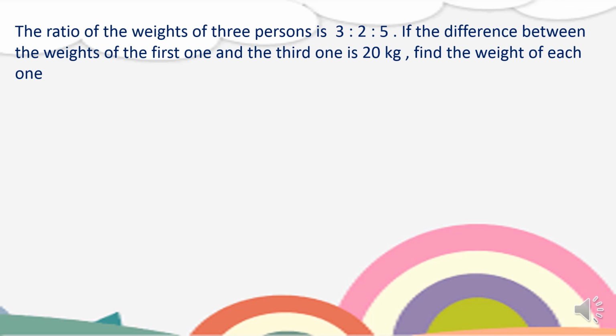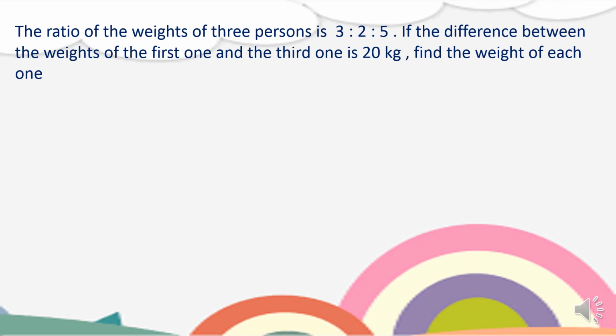The ratio of the weights of three persons is 3 to 2 to 5. The difference between the weights of the first one and the third one is 20 kilograms. Find the weight of each one. Again, the ratio of the weights of three persons is 3 to 2 to 5.